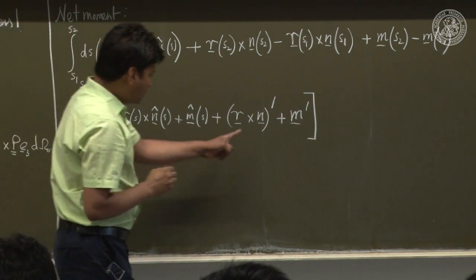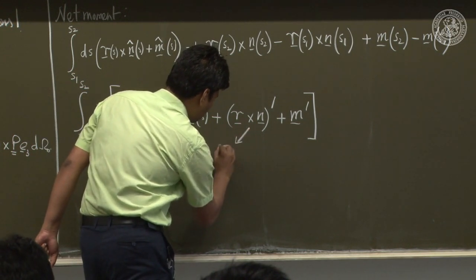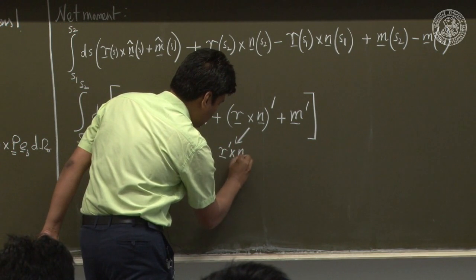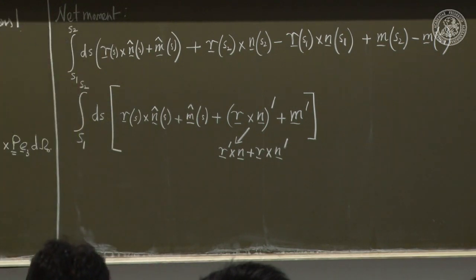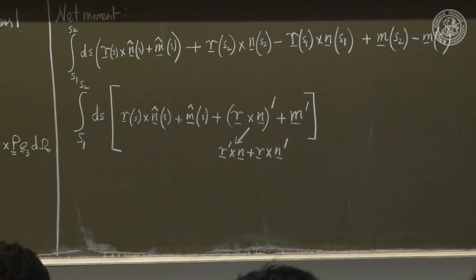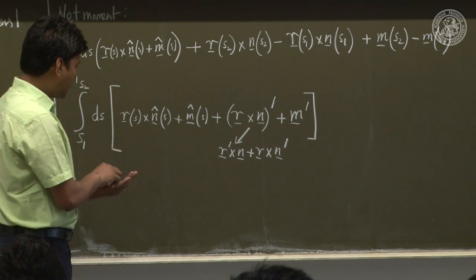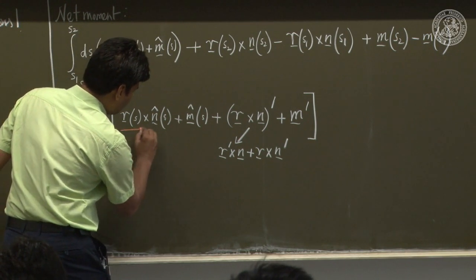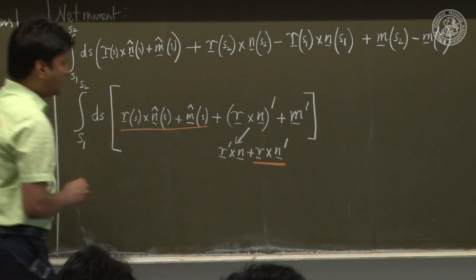Okay. Now, this part you can then split into two, use product rule. This becomes R prime cross n plus R cross n prime. Right. Okay, now you have to see, can some terms get cancelled? For example, look at this term and this term together.